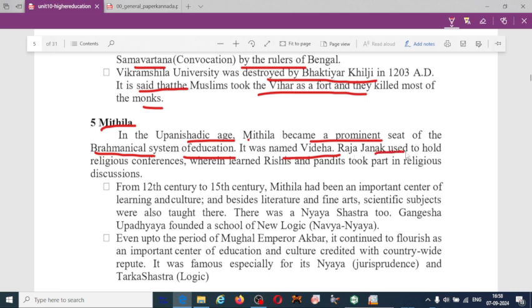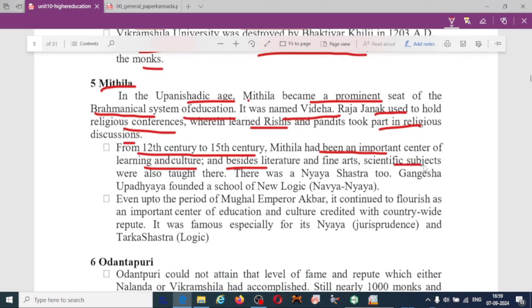Raja Janaka used to hold religious conferences wherein learned Rishis and Pandits took part in religious discussions. From 12th century to 15th century, Mithila had been an important center of learning and culture, and besides literature, fine arts, scientific subjects were also taught there.